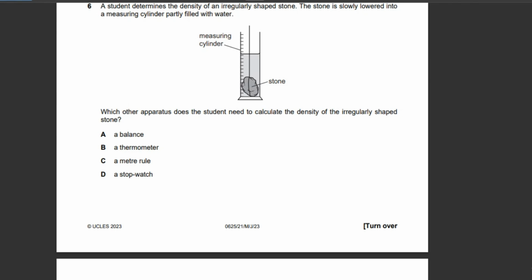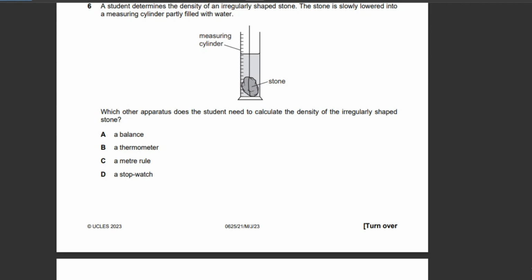So a student determines the density of an irregular shaped stone. The stone is slowly lowered into a measuring cylinder partly filled with water. So we can see that it's partly filled with water. Which other apparatus does the student need to calculate density of the irregular shaped object?